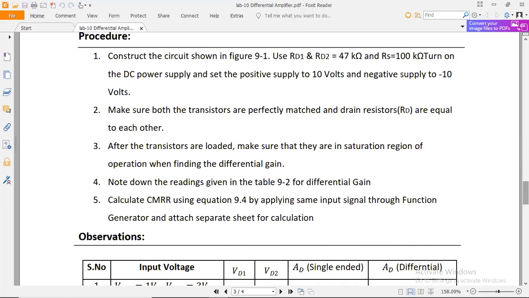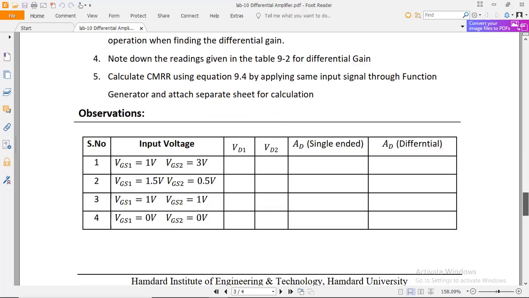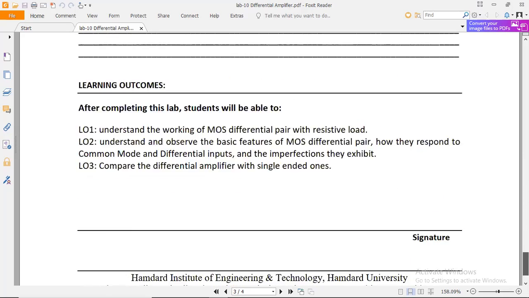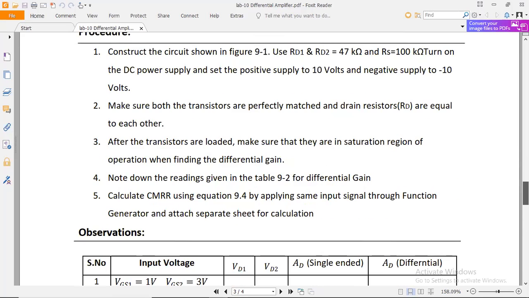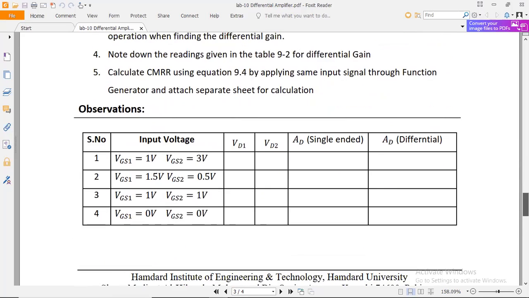And apply the same input signal through the function generator and attach a separate sheet of calculation. Calculation can be done on the side, but if you do not have any space, you can write it on a separate sheet.